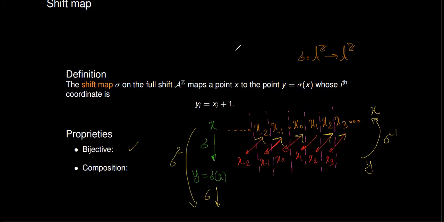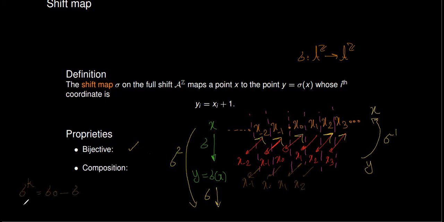For example, this guy comes here, x minus 1, this guy comes here, x0, this guy comes here, x1, and this guy comes here, x2, and you do it simultaneously 2 times. So it would be the 2 power. And generally, sigma k would be the k-times composite of these guys.